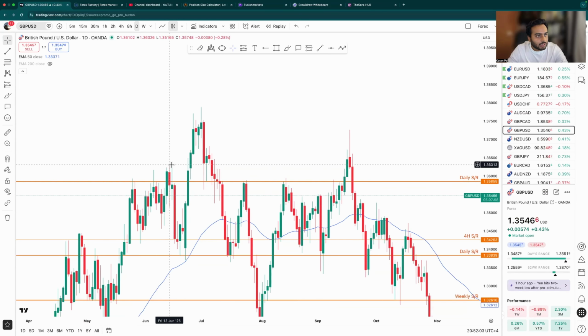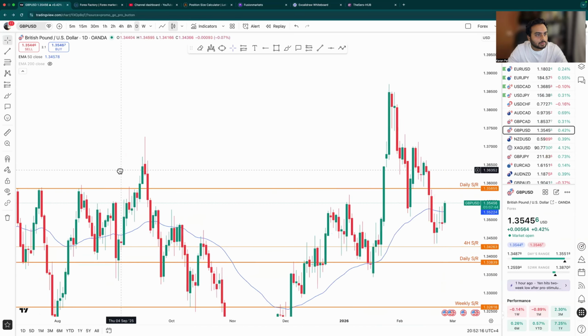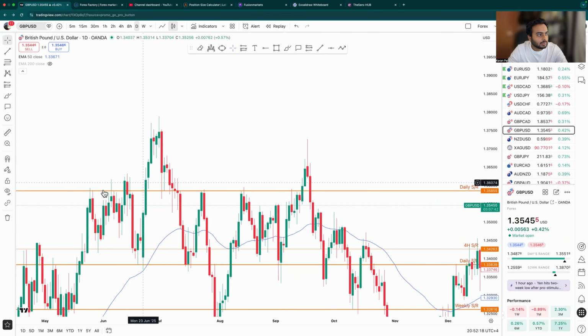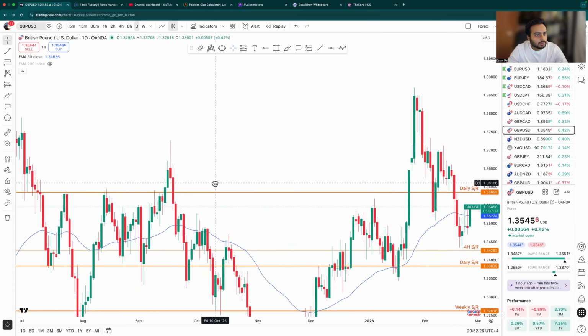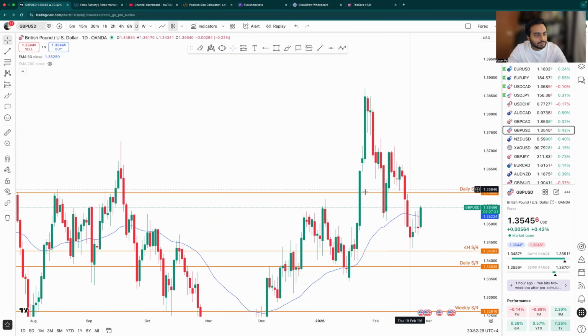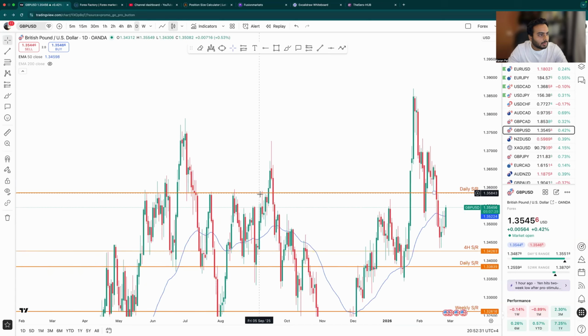Second, this one, nothing, right? But this one right here, it's the same level, right? Here we don't have that history, but one, two, three, four times you can clearly see price has rejected from this level.